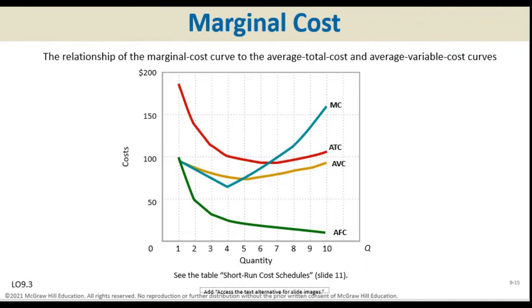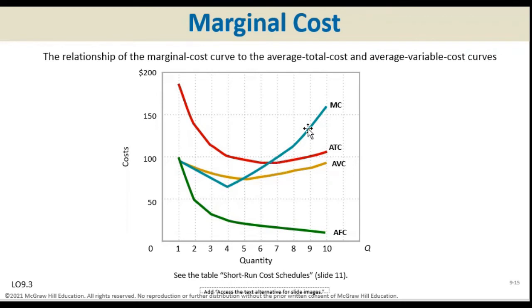So the marginal cost, the MC curve, cuts through the average total cost, ATC, and the average variable cost, AVC, at the minimum point, right? At the minimum point.